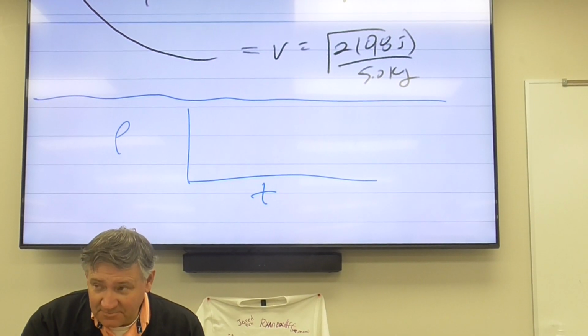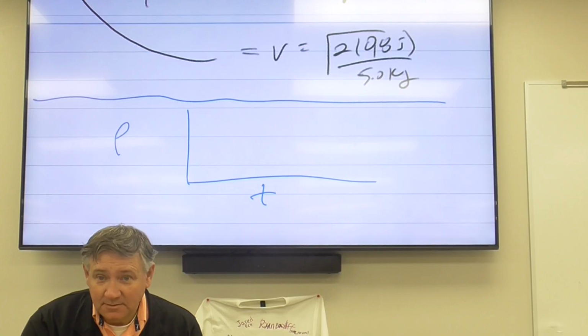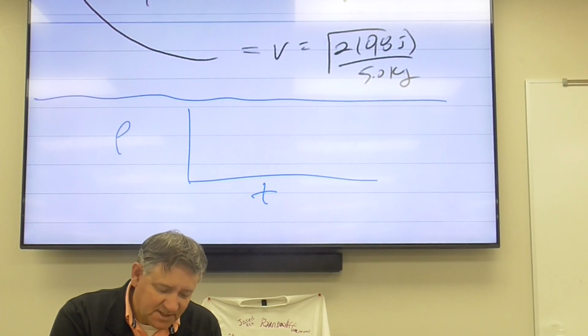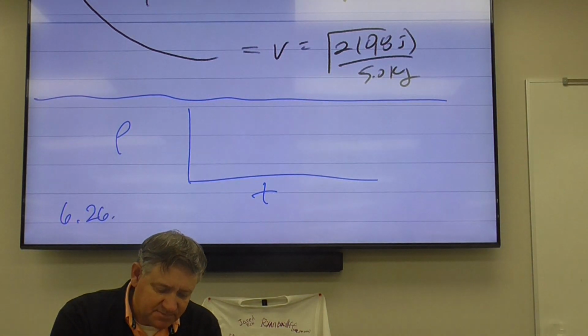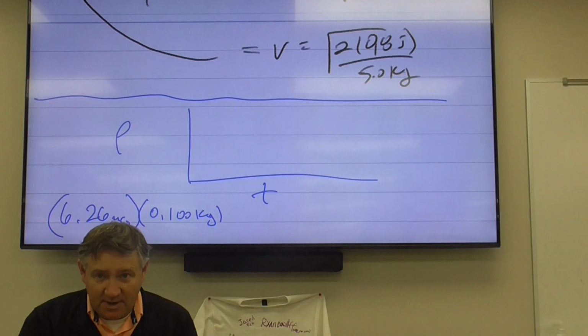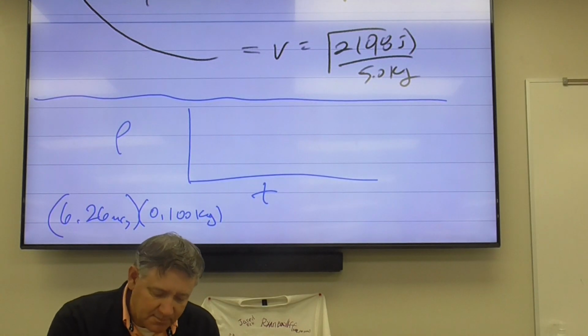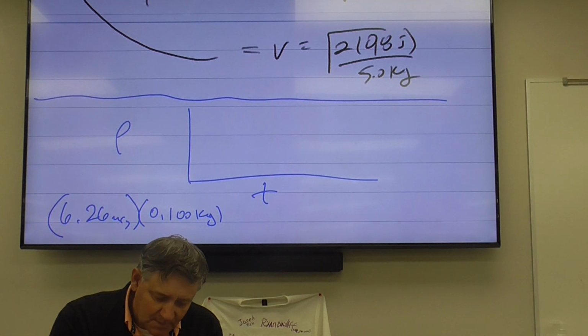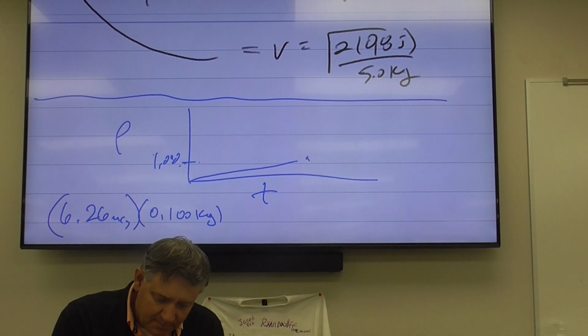It has a mass of 0.1 kilograms. So 6.26 meters per second times 0.1 kilograms, check my math, I get 0.626, right? So let's call that 1, and that's going to be a certain amount of time, right?